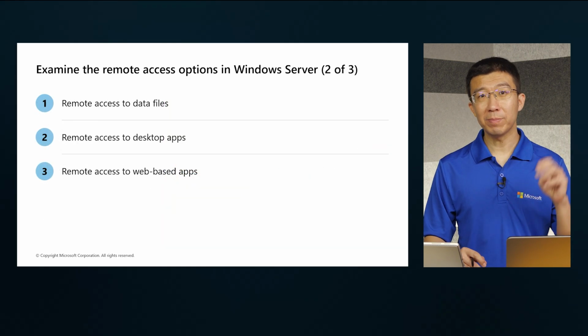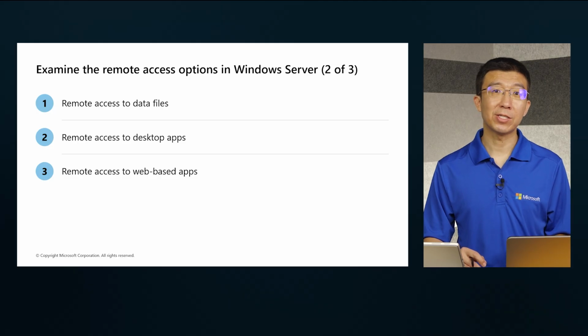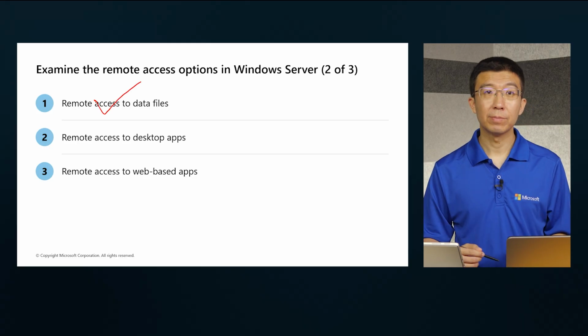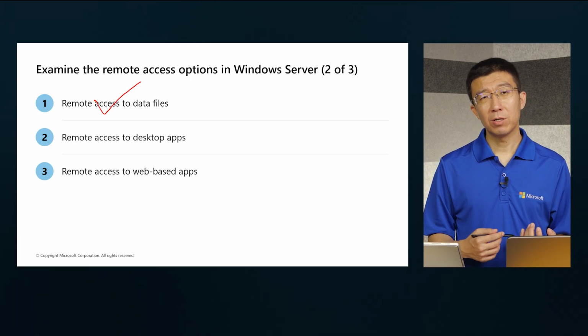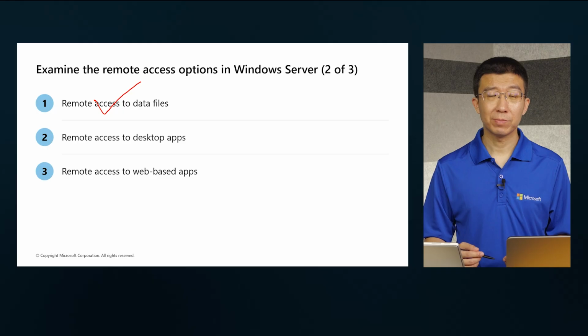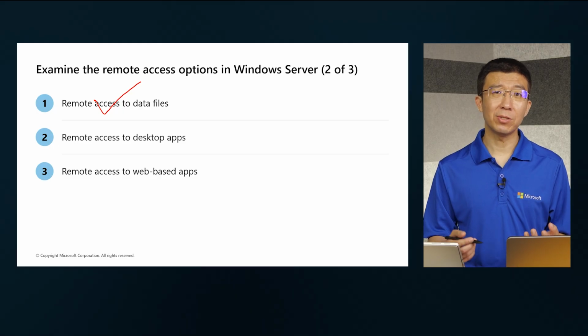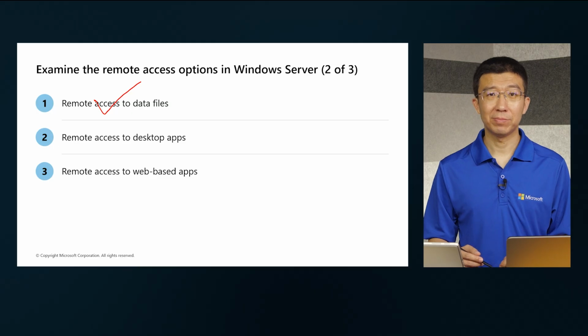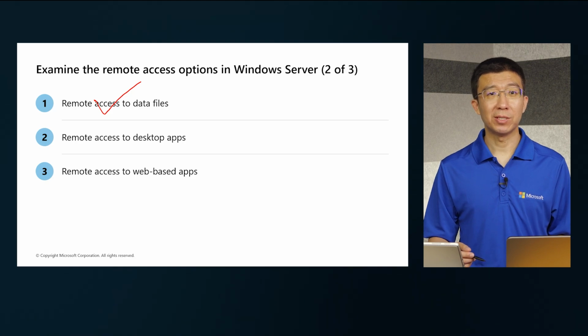There are three main types of remote access scenarios. First, remote access to data files, such as Word or Excel documents. It is typically handled well by VPN or DirectAccess, though the performance may be slower than in the office due to network speeds.